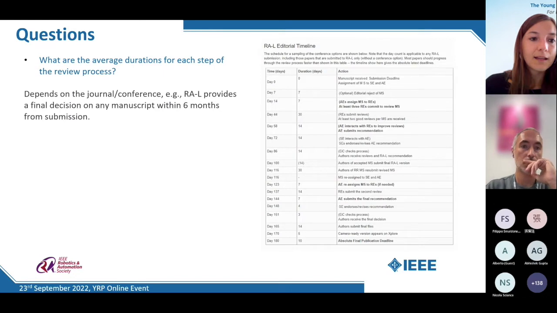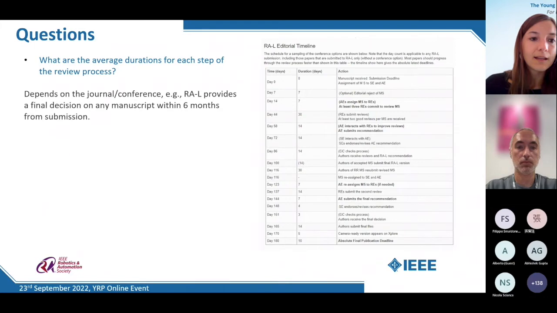Someone was asking, what is the average duration for each step of the review process? This really depends on the journal or conference where you submit your paper. For example, Robotics and Automation Letters provides a final decision on a manuscript within 6 months from the submission.